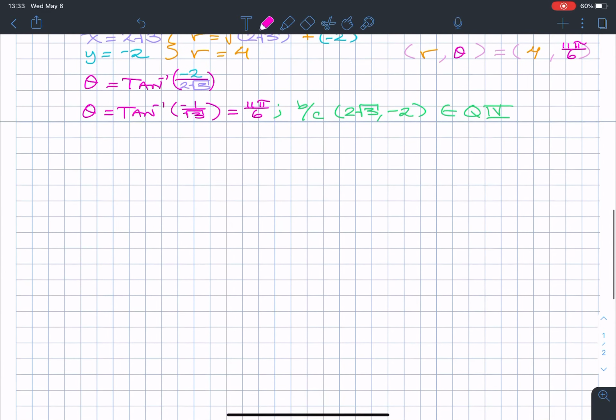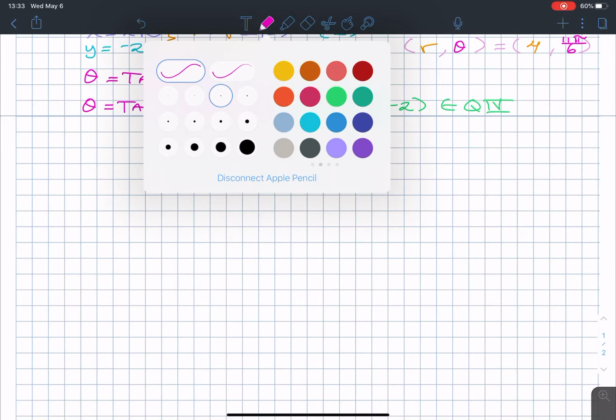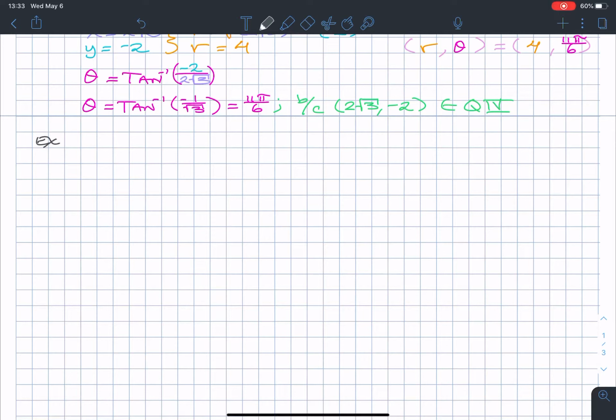Okay, so hopefully that makes sense. Let's go backwards now. So for example, let's express the following polar coordinates in rectangular form.